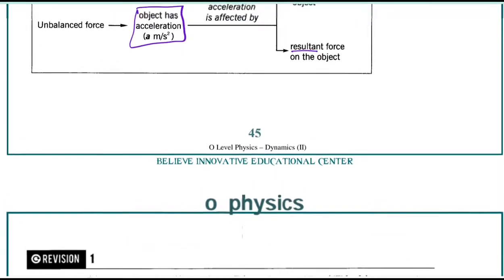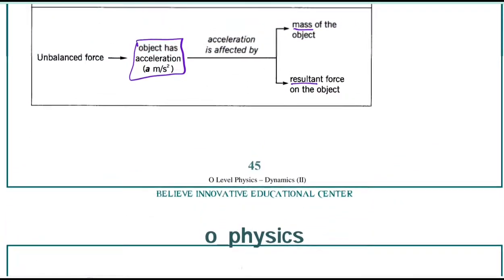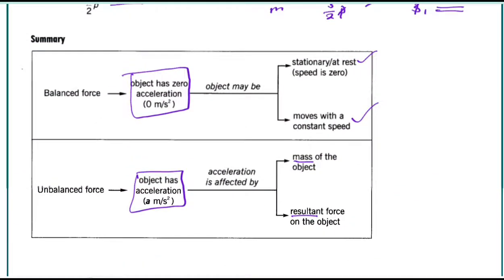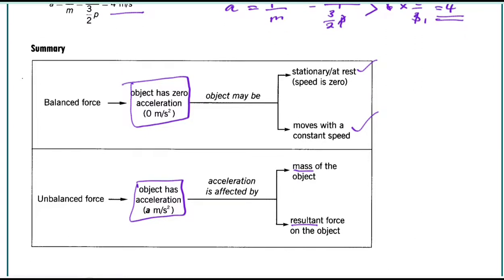Is that okay? Then we'll look at the revision, but remember that everything we are doing comes from the aspect of balanced forces and unbalanced forces, knowing that only the unbalanced forces produce a resultant force.